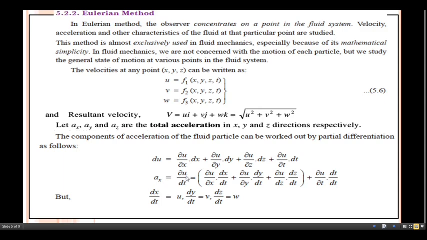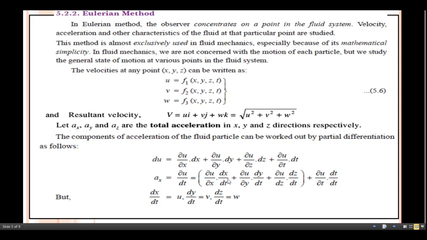Now if you expand this term, we already have the ∂u terms, and if I divide every term by dt, we get ∂x/∂t, ∂y/∂t, ∂z/∂t, and dt by dt, while the other term remains as it is.